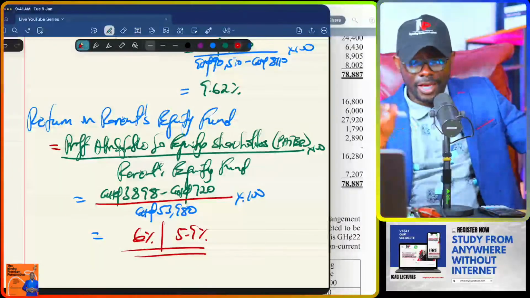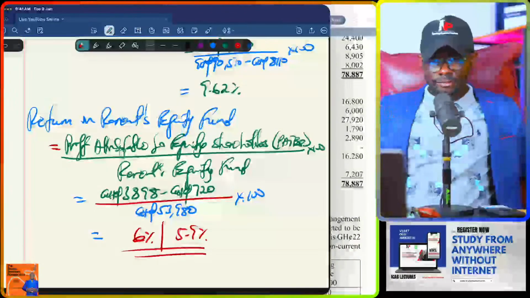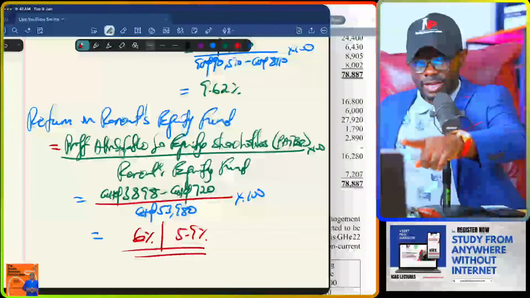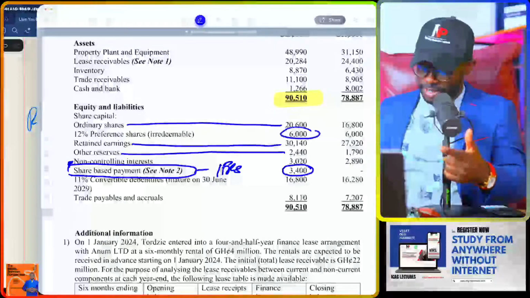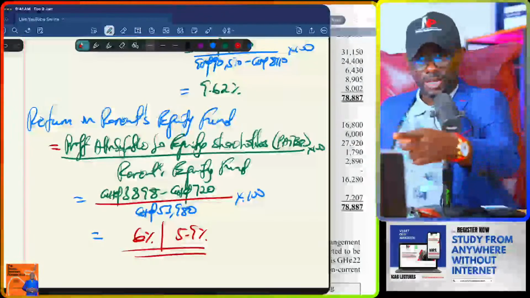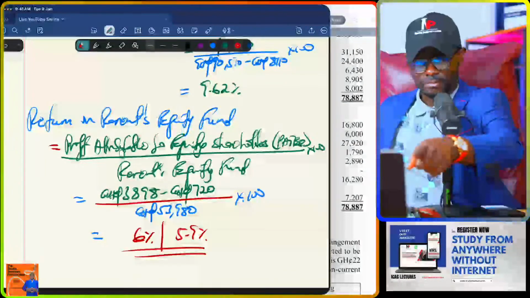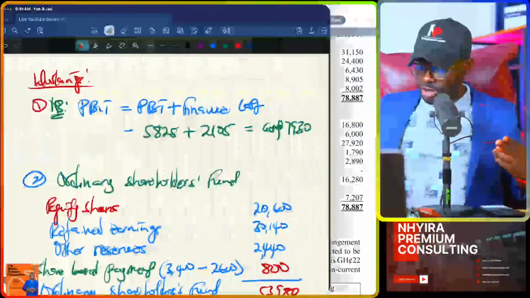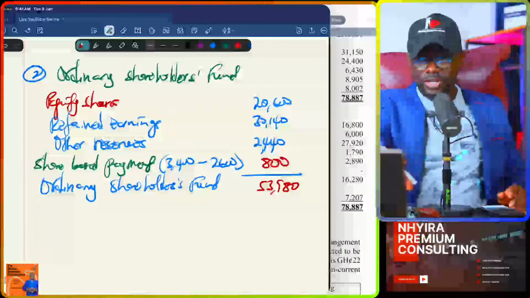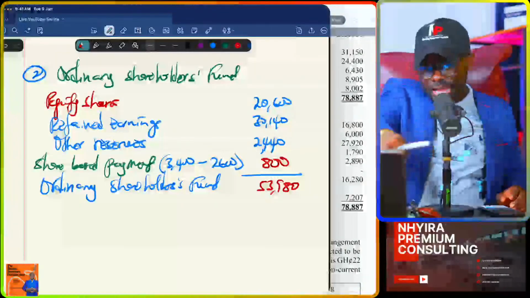Easy peasy. So the nuance here is knowing that you need to subtract the preference shareholders' dividend from the parent's profit attributable to them. Then the second thing is how you work for the parent ordinary shares. That's the share-based payment.